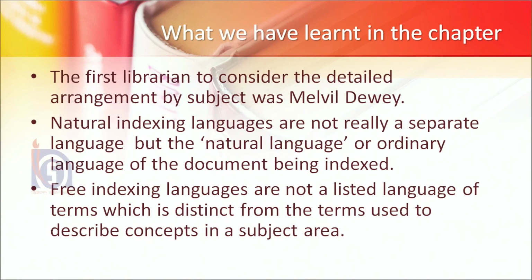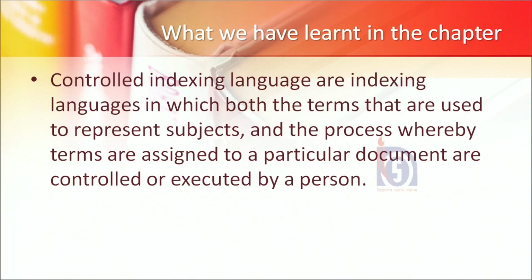We have also learned in this chapter that the first librarian to consider the details arranged by subject was Melvil Dewey. Natural indexing languages are not really a separate language but the natural or ordinary language of the document being indexed. Free indexing languages are not a listed language of terms distinct from the terms used to describe concepts in a subject area.